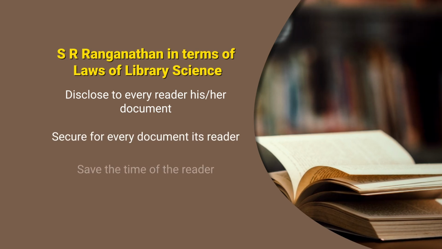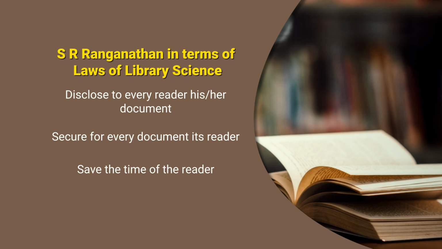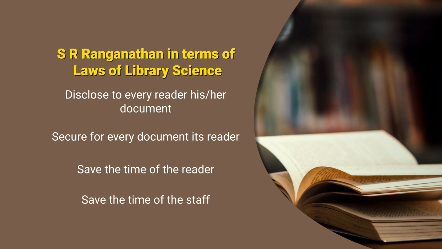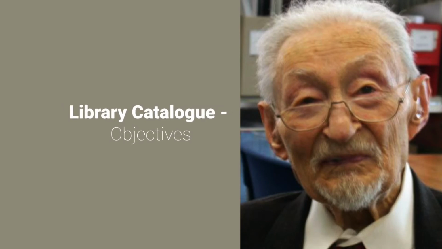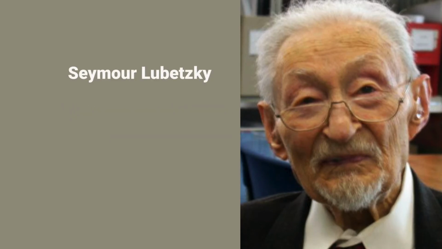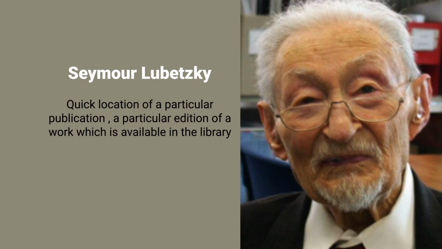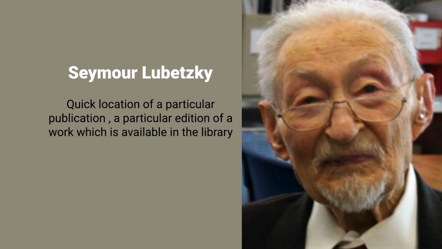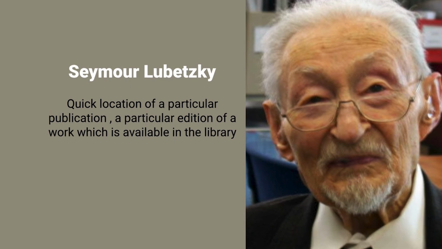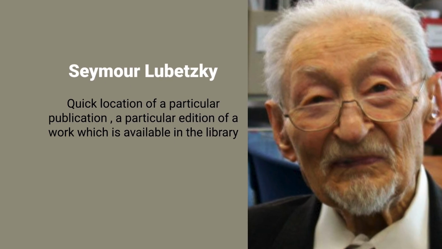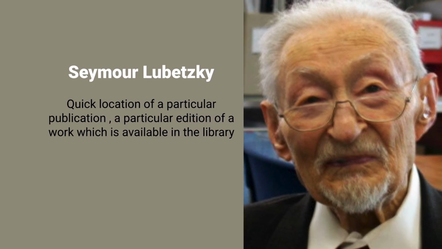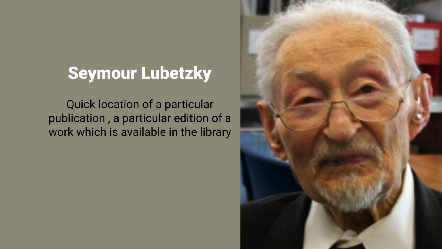It should save the time of the reader and also save the time of the staff. Similarly, Lubetzky has also given the objectives of a library catalog. He says a library catalog should help to locate a particular publication, a particular edition of a work which is available in the library quickly. Again, what Ranganathan said, that in the least possible time it should help.